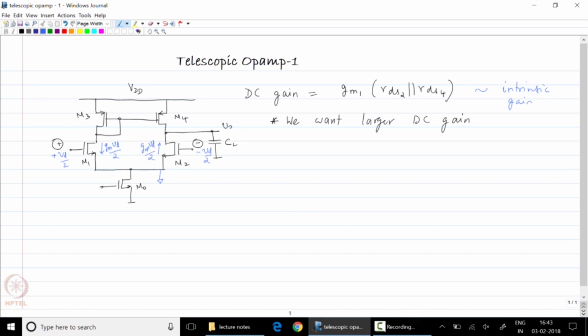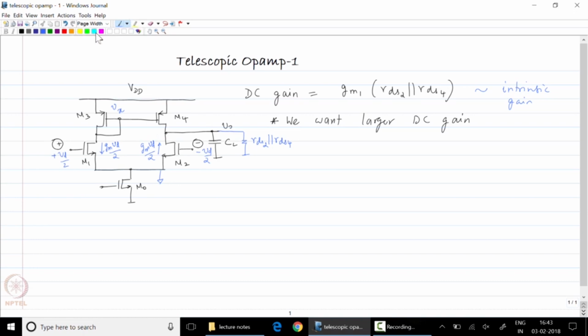And in parallel with CL, I will also explicitly show the output resistance, which is RDS2 parallel RDS4, so that we understand where the current is flowing. Now, the current through M1 creates a small signal voltage at node X, and this also causes a current to flow through M4.